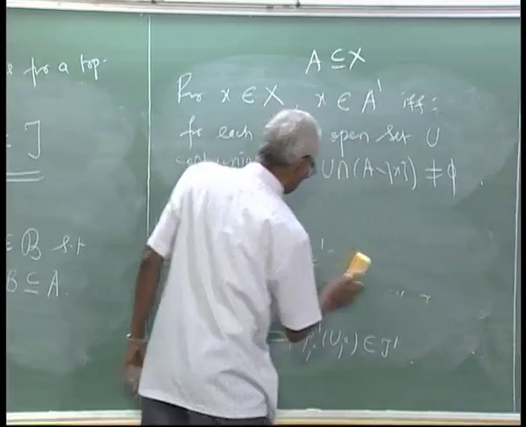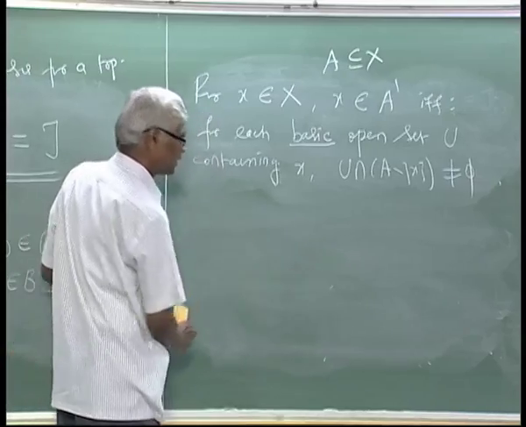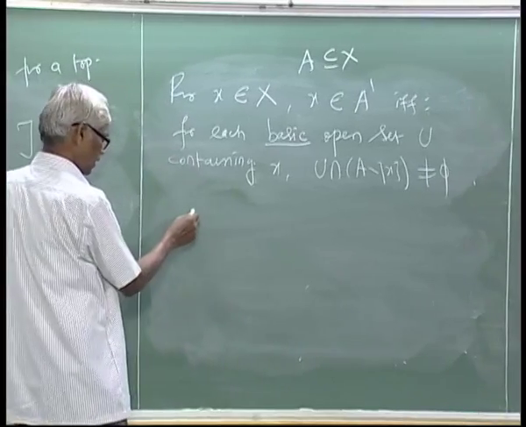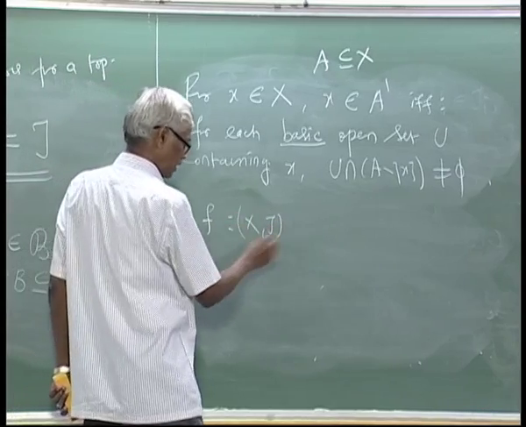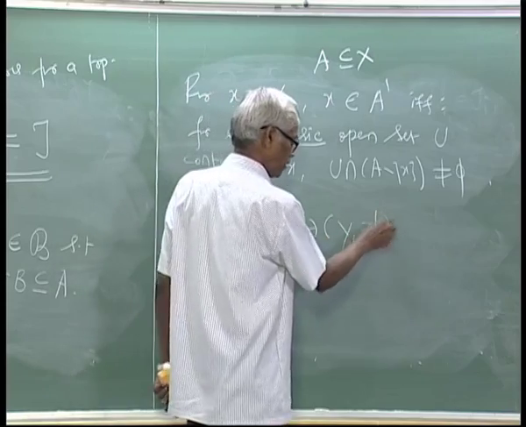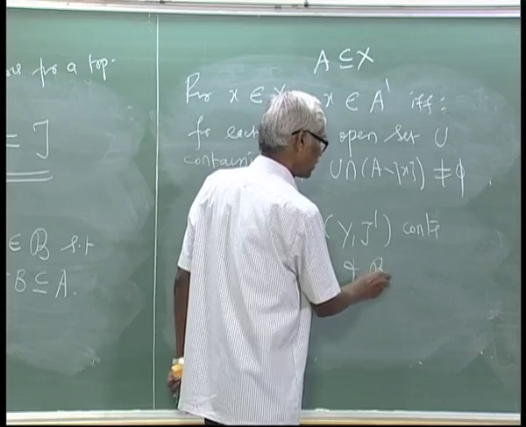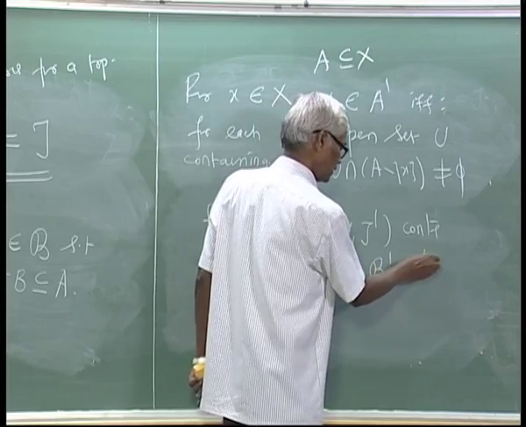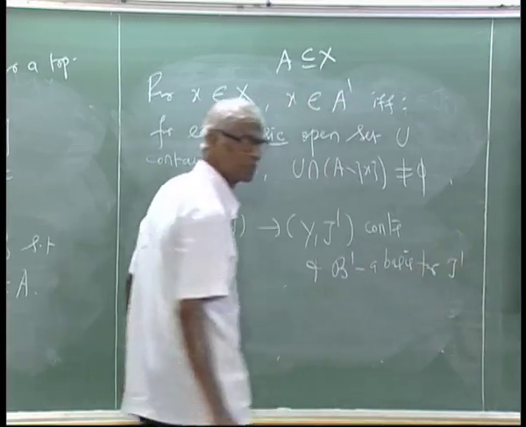Similarly, all these properties hold even for continuity. F from X, tau to some Y, tau prime is continuous, and we know that script beta is a basis for tau prime.